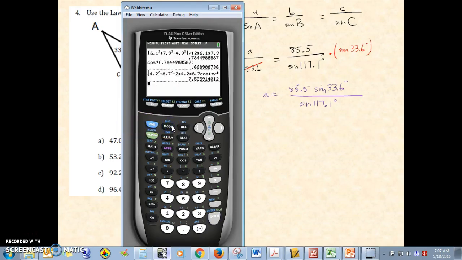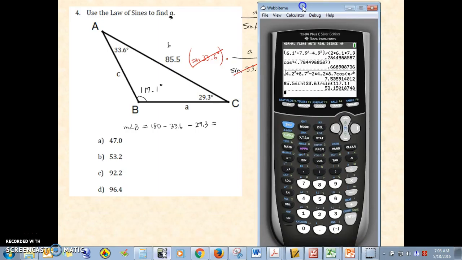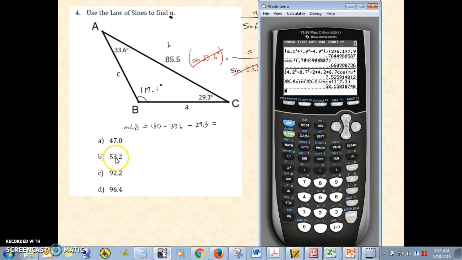Quit. And now I can do 85.5 times the sine of 33.6 divided by, and since I only have one value on the bottom, I don't need to put parentheses to close my denominator off, divided by sine of 117.1. 53.15 would round to 53.2.